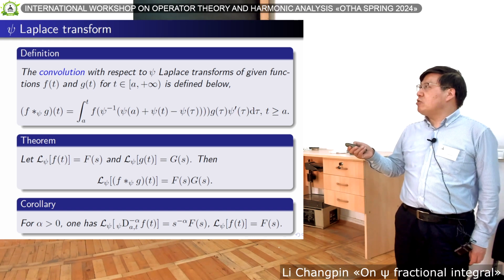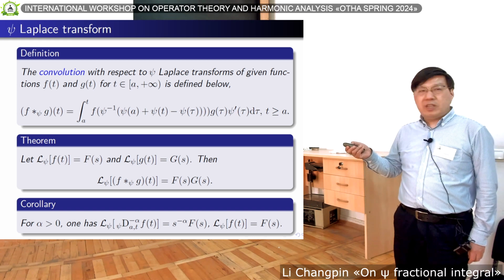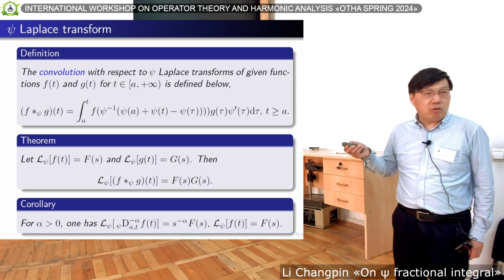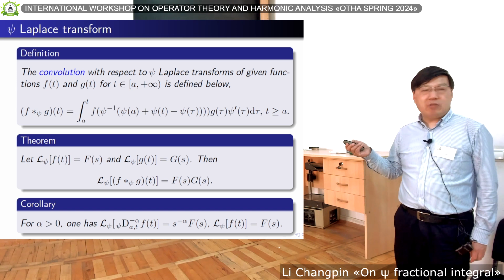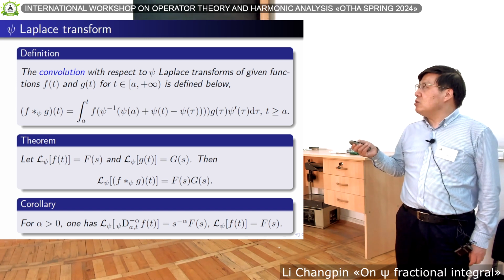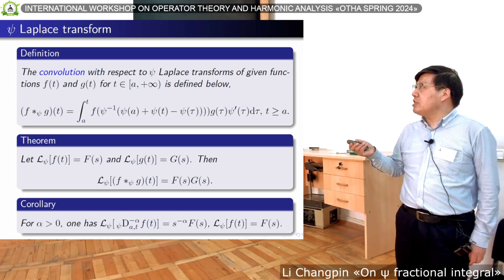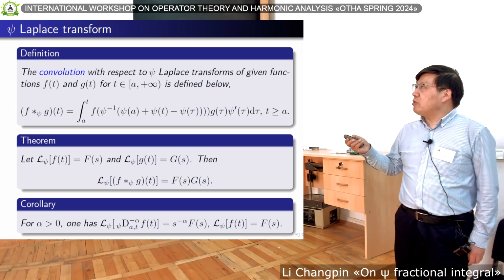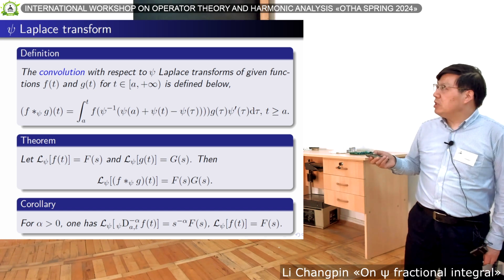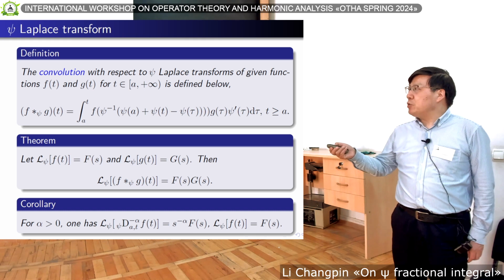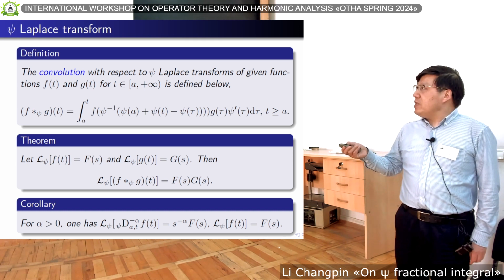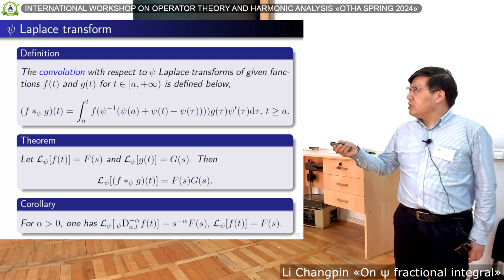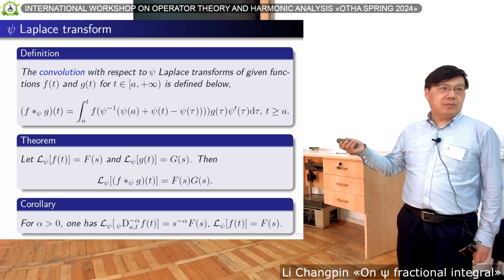F(s) is the Laplace transform of f(t) in the sense of psi, and capital G(s) is the Laplace transform of g(t) in the sense of the precise Laplace transform. So this is a precise fractional integral. Then its Laplace transform is given like this.